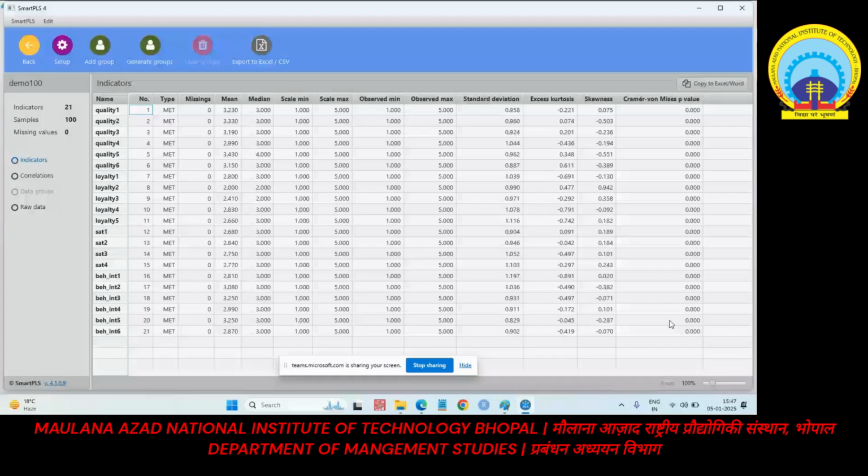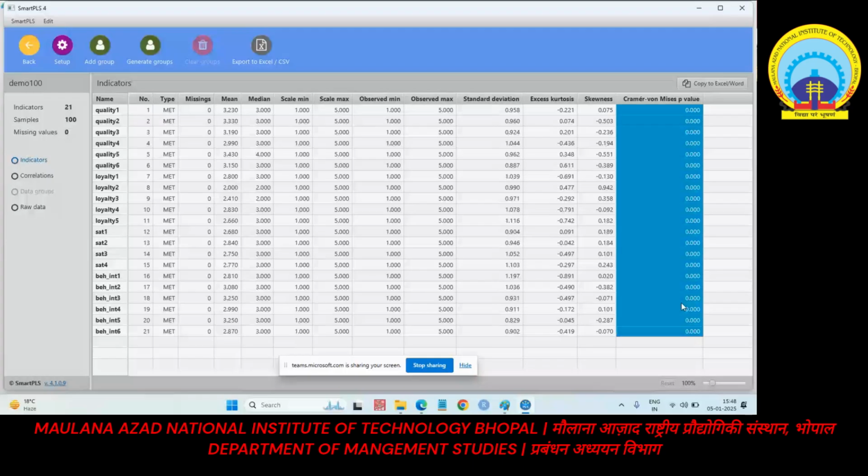The null hypothesis is that your data is normally distributed. So if p value is greater than 0.05, the null hypothesis is accepted. In your case, none of the values is greater than 0.05. It means we can say comfortably that none of the data is normally distributed. That's one of the reasons you can write for using PLS-SEM.